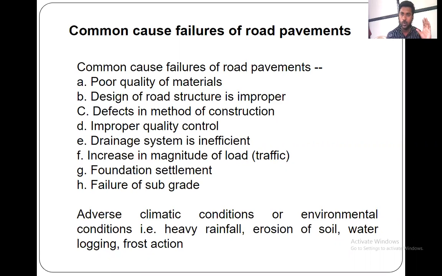If we have not achieved these parameters, ultimately the strength of the subgrade layer, subbase layer and base layer will be minimum. So that layer may have chances of failure if we have not maintained the parameters properly. These are the common causes of the failure of any kind of road pavement.